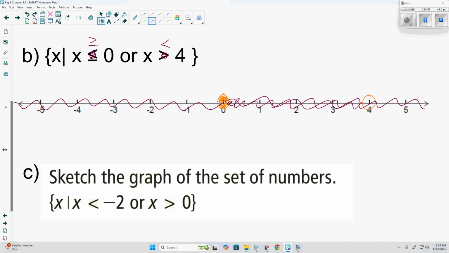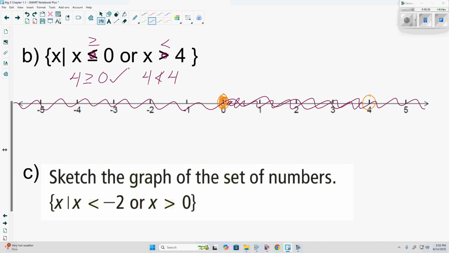Now the question is, and I had this asked earlier, do we still include 4? Because it was open before, yes? So here, let's plug it in. Is 4 less than 4? Is that a true statement? No. Let's look at the other one. Is 4 greater than or equal to 0? Is that a true statement? Yeah.